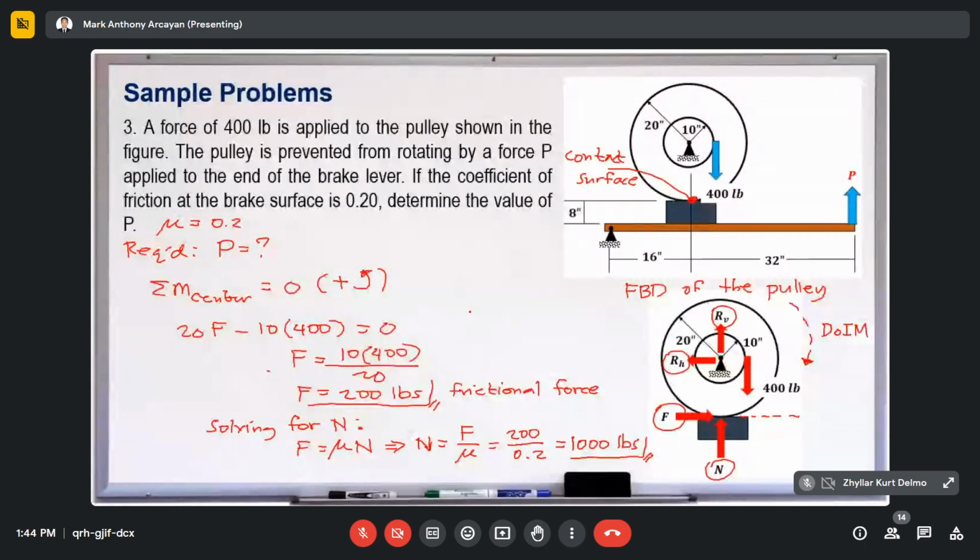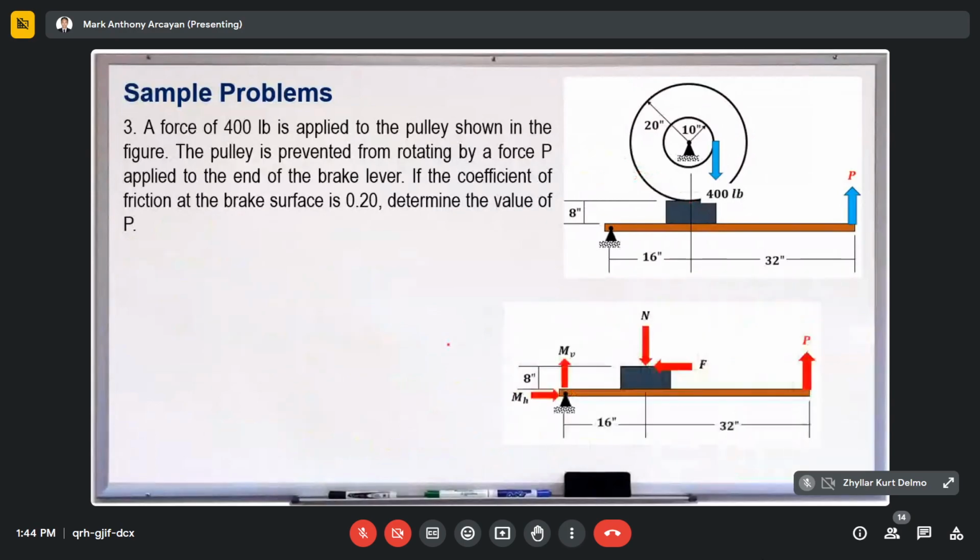But if it is not required, just like in this problem, then we can proceed directly to the FBD of the second rigid body, which is our brake lever. This is the FBD of our brake lever.